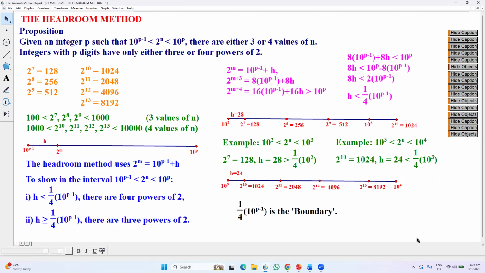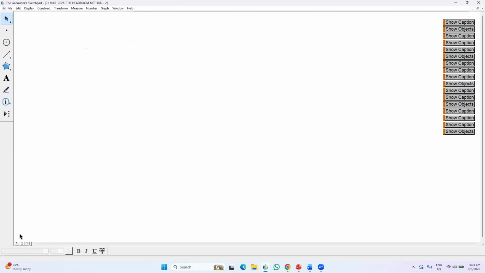We will next show that the number of powers of 2 can never be 2 or 5. There can never be 2 powers of 2. We have the headroom H again, or 2 power m.